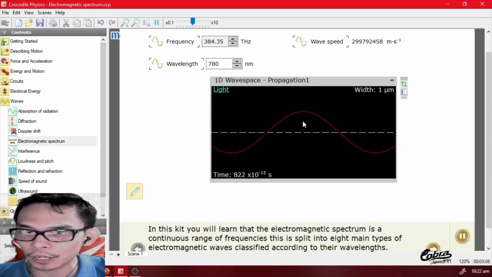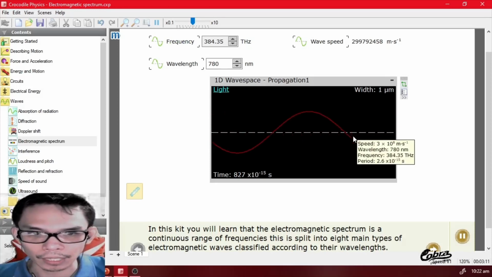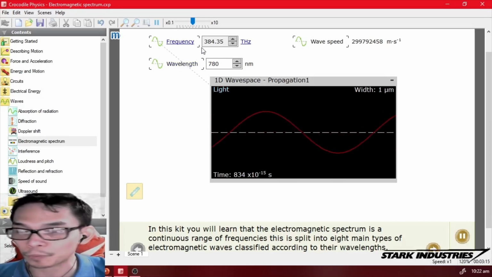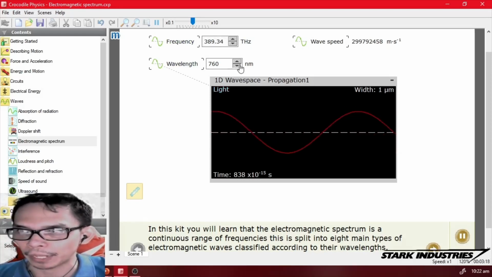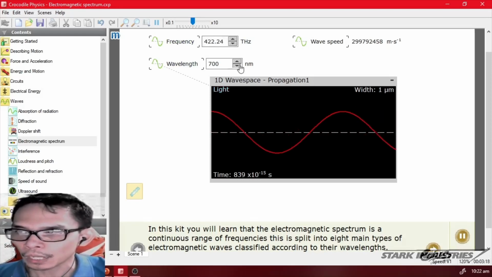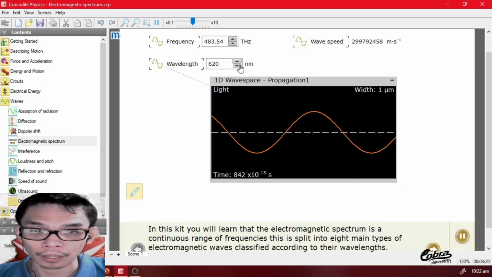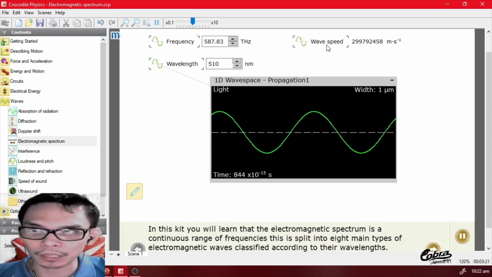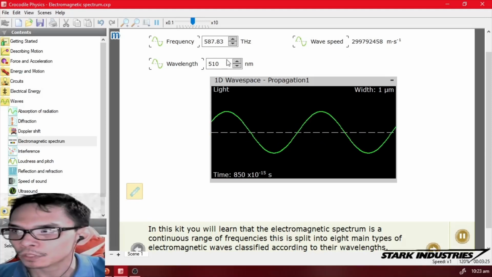So what happens to the light that we have right here? It becomes red, because red light has the longest wavelength and the lowest frequency among the colors of light. More so, if we decrease the wavelength, as you can see, the frequency increases as well, but the wave speed is still the same.